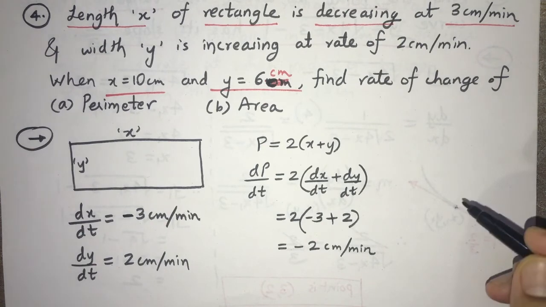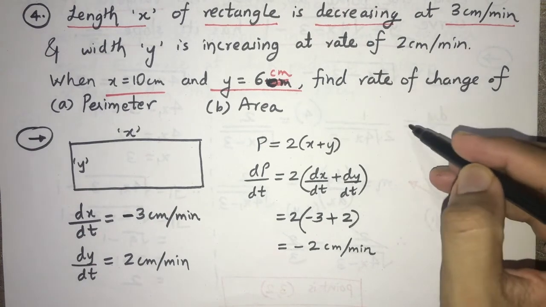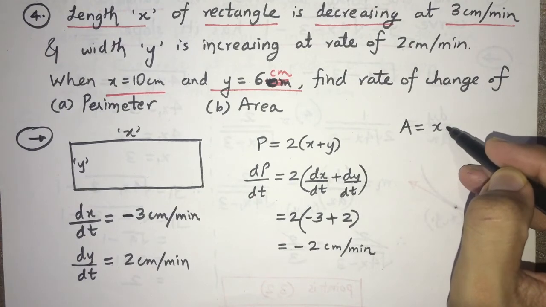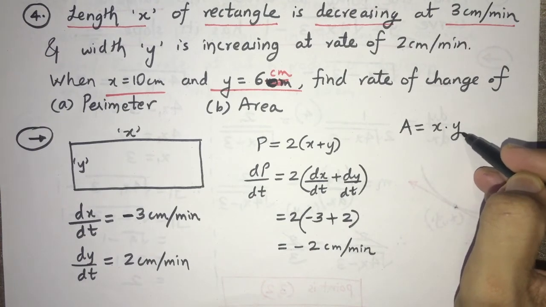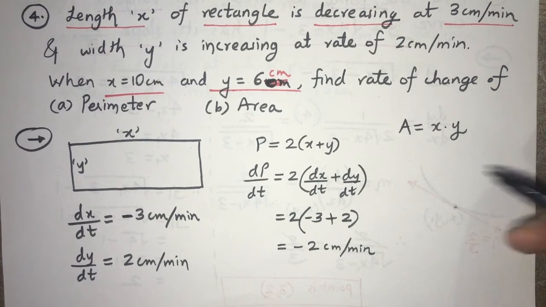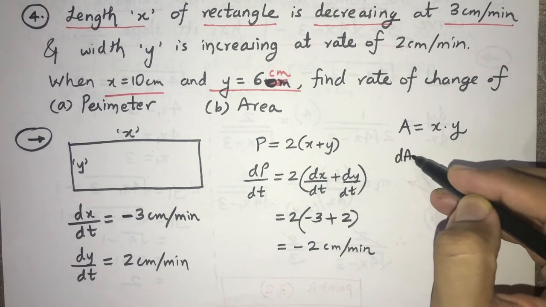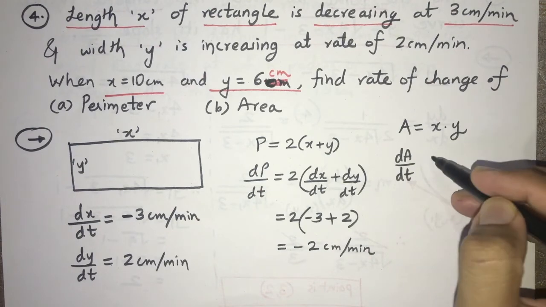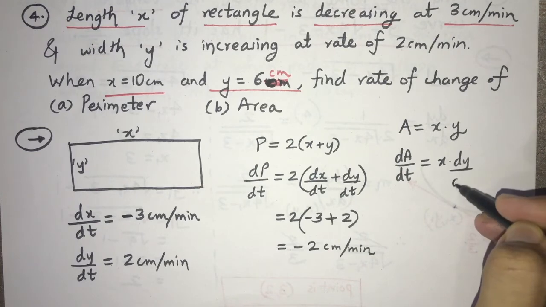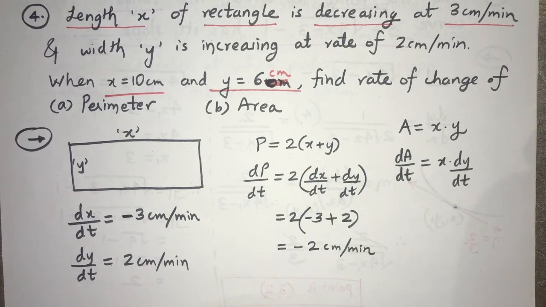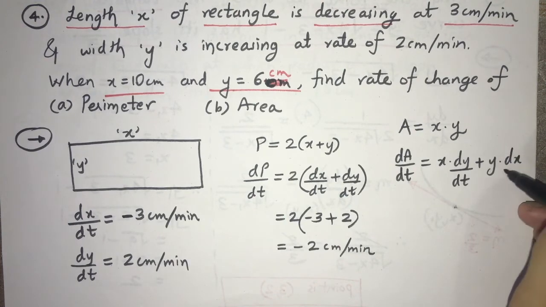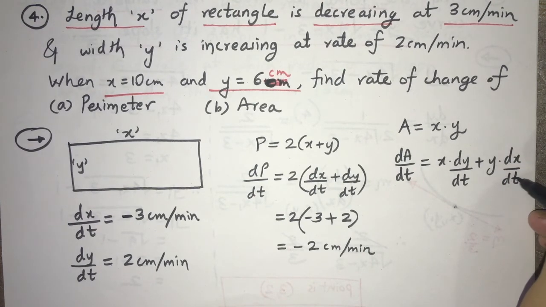Okay, now we are going to find the rate of change of area. To find the rate of change of area you have to use the product rule because it is length into breadth, right? So dA by dt is x into derivative of y with respect to t, plus y into derivative of x.